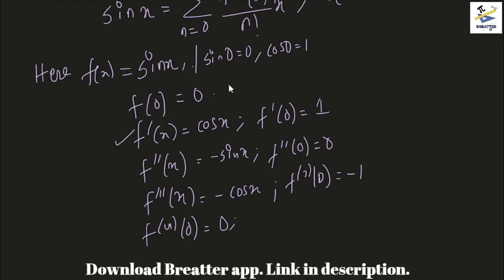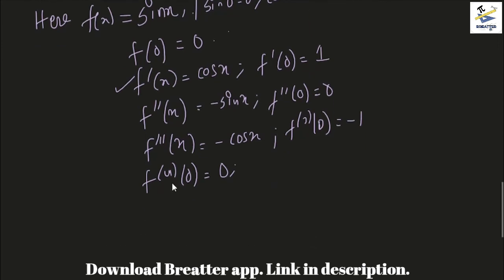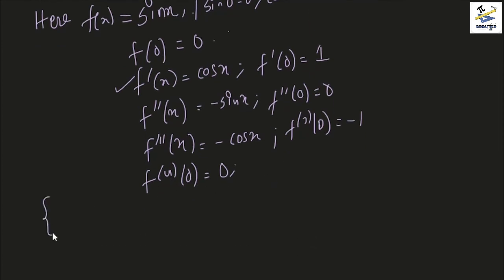So you can see the first four coefficients are as follows. The coefficients repeat themselves and they are periodic in the order 0, 1, 0, minus 1. These are the first four coefficients and this will repeat itself, right?